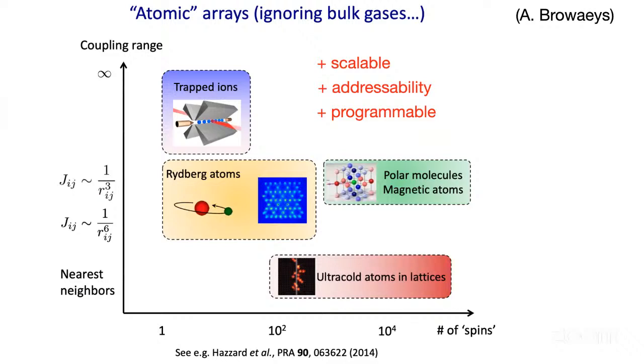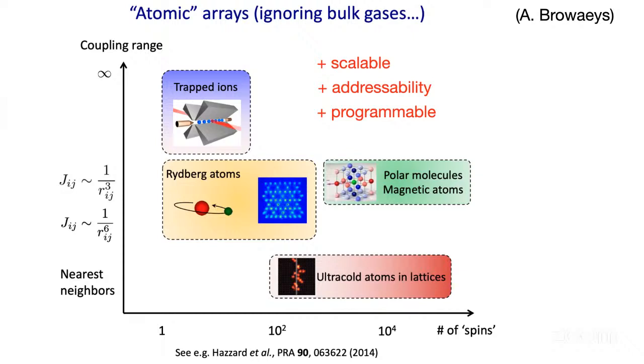This is an overview slide that I took from Antoine Browaeys' slides, but it goes back to a paper by Kaufman and Ni. It gives you a quick overview of where we are today regarding the number of, say, spins or qubits versus the coupling range. The oldest system would be ultra-cold atoms in optical lattices.